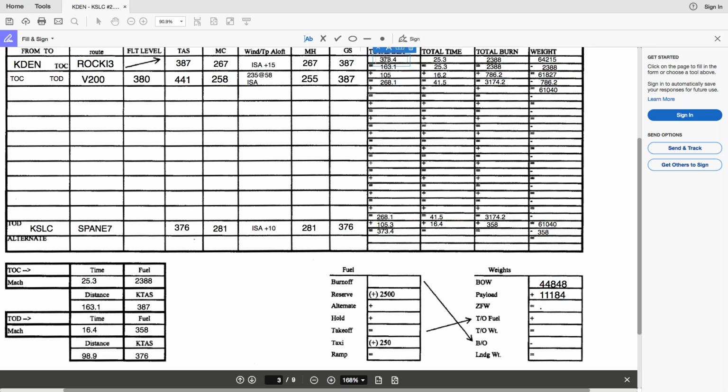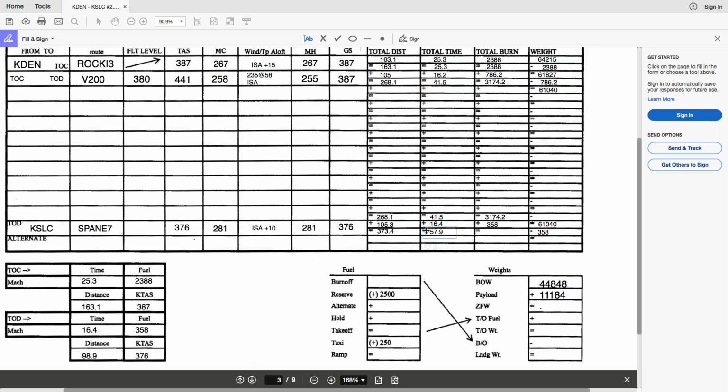Sorry, I did this wrong up here. This should be 163.1. Okay, our time, we added up 41.5 plus 16.4, 57.9.